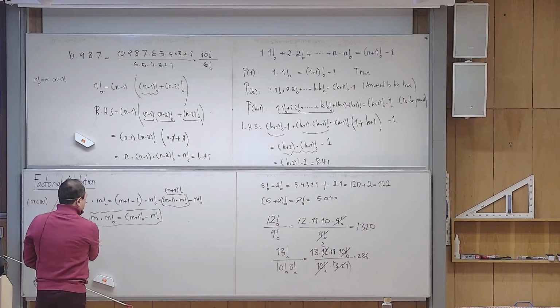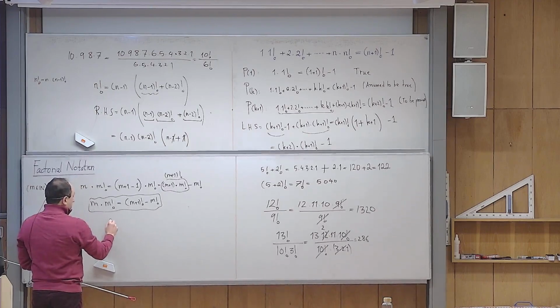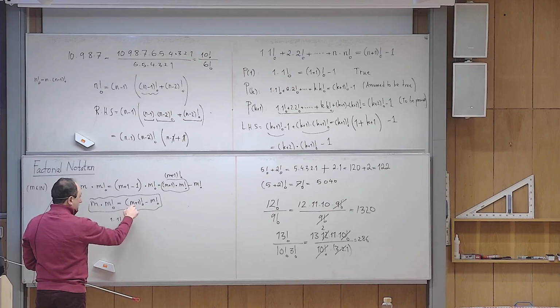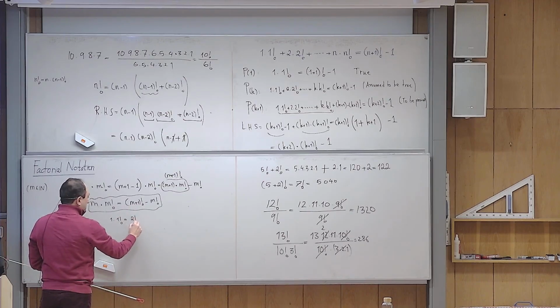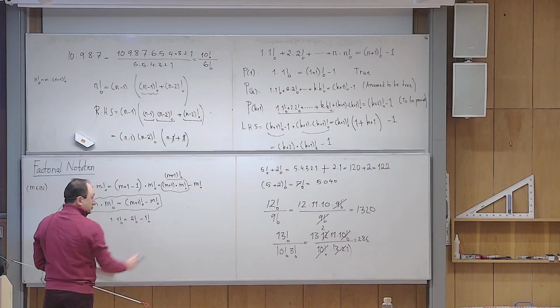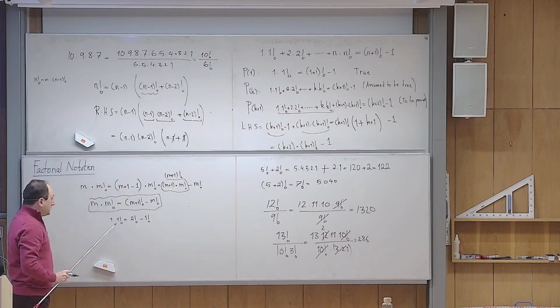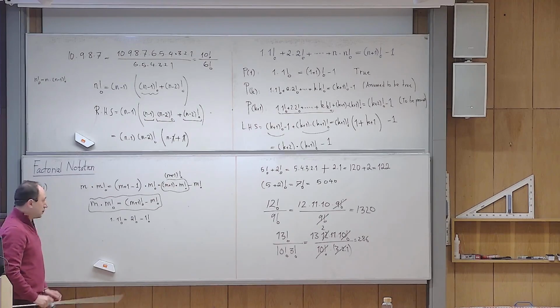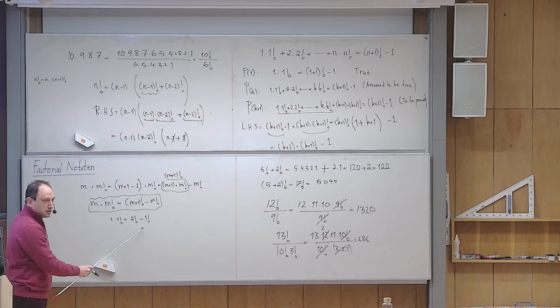It means that if I give you 1 times 1 factorial, you can write it as 2 factorial minus 1 factorial. Do you agree? Because here, I am giving the role of m to 1. So this becomes 1 times 1 factorial, but 1 plus 1 is 2, so 2 factorial minus 1 factorial, yes? So I was able to write this product as a difference.